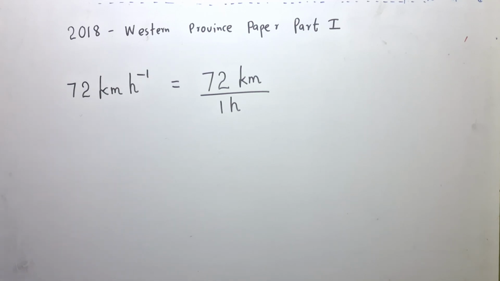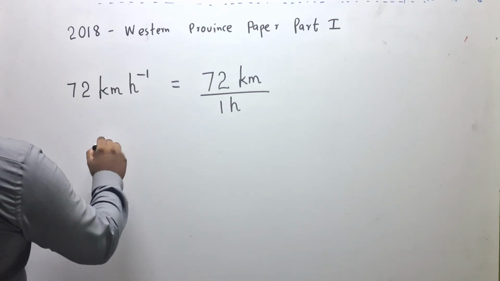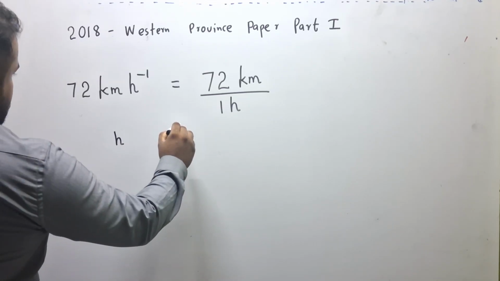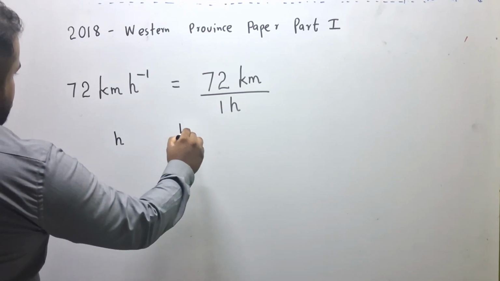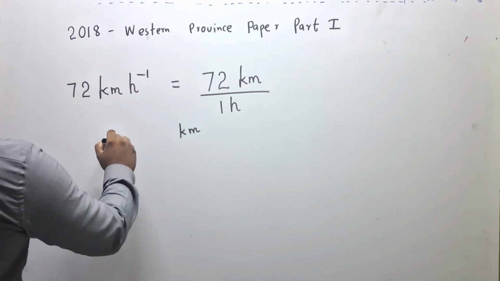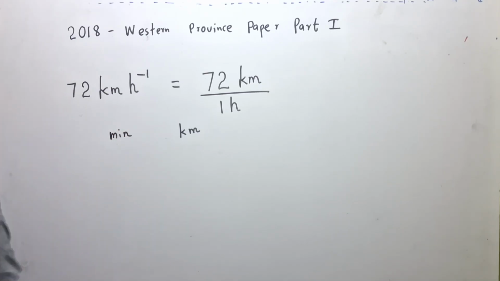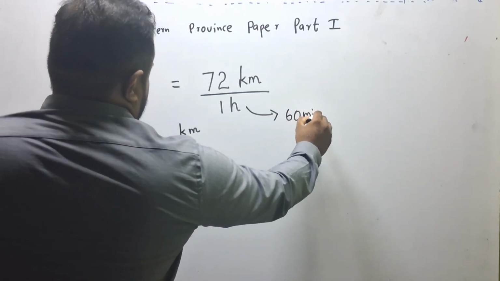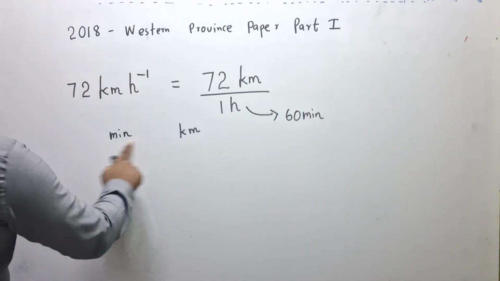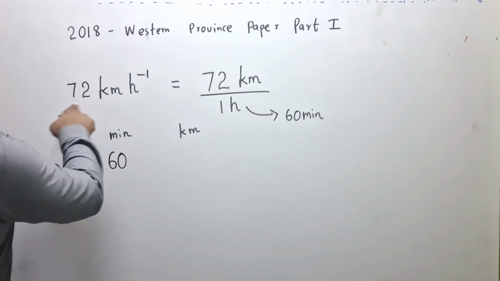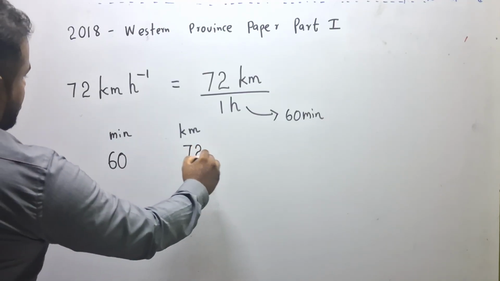You can write a rate proportion like this: hours, kilometers, or you can write minutes, kilometers. 1 hour is 60 minutes. Okay. For 60 minutes, how many kilometers travel? 72 kilometers travel.